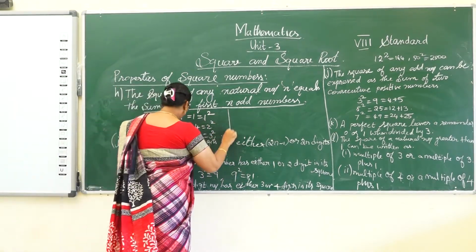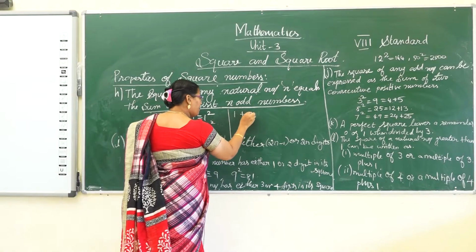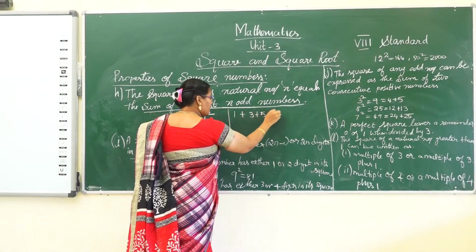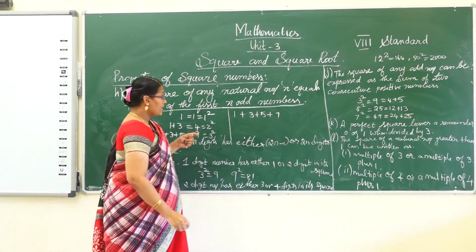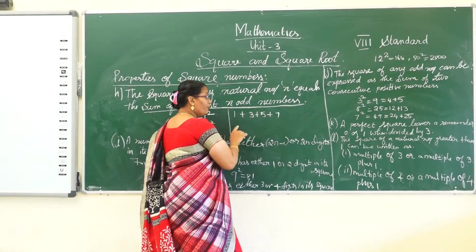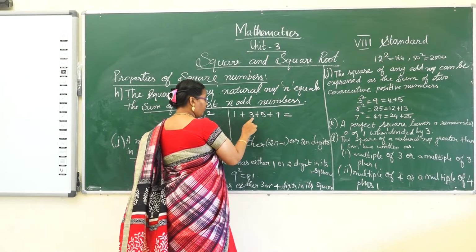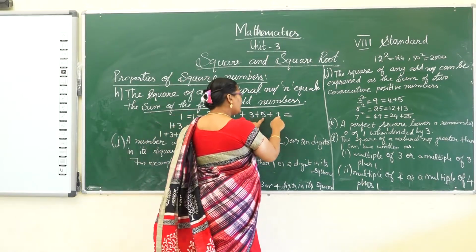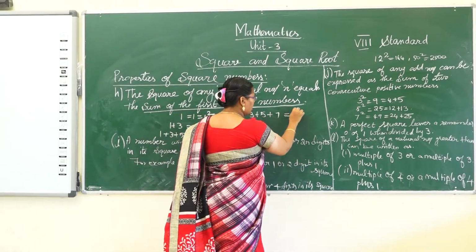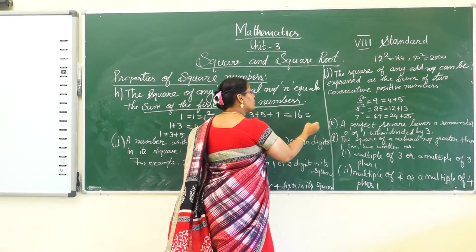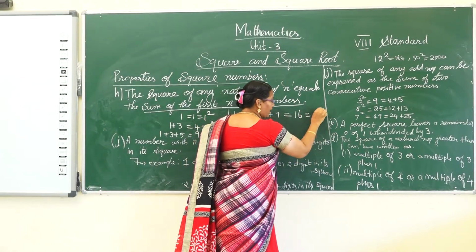Then 1 plus 3 plus 5 plus 7, the first 4 odd numbers. Adding these values, 9 plus 7 is 16, which can be written as 4 square.